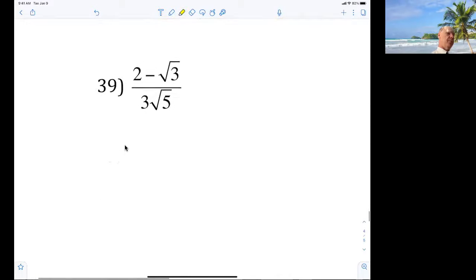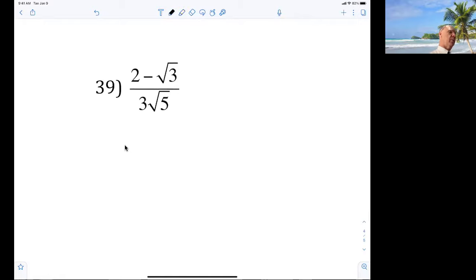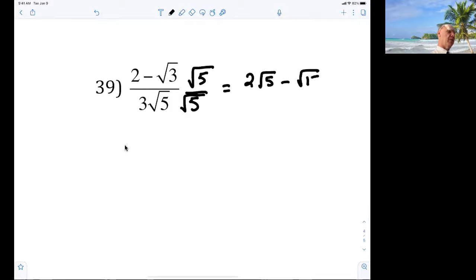All right. Here we go. Now all I have to do is multiply the top and bottom by radical 5. So the top becomes 2 radical 5 minus radical 15, all over 15. Right? Because radical 5 times radical 5 is 5. 5 times 3, 15.